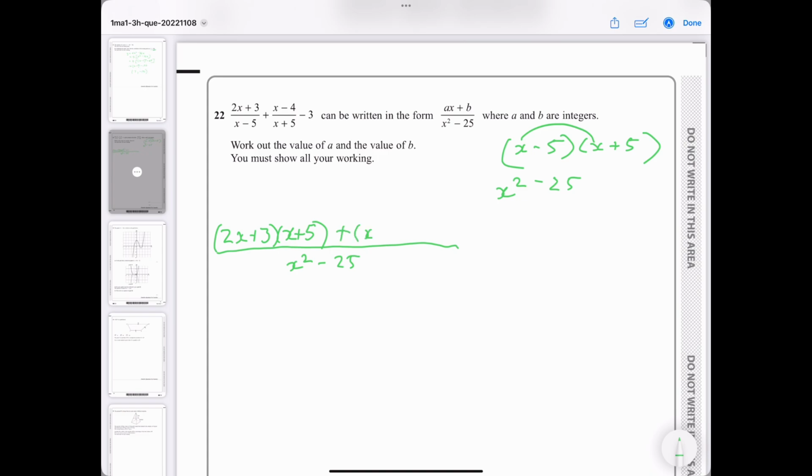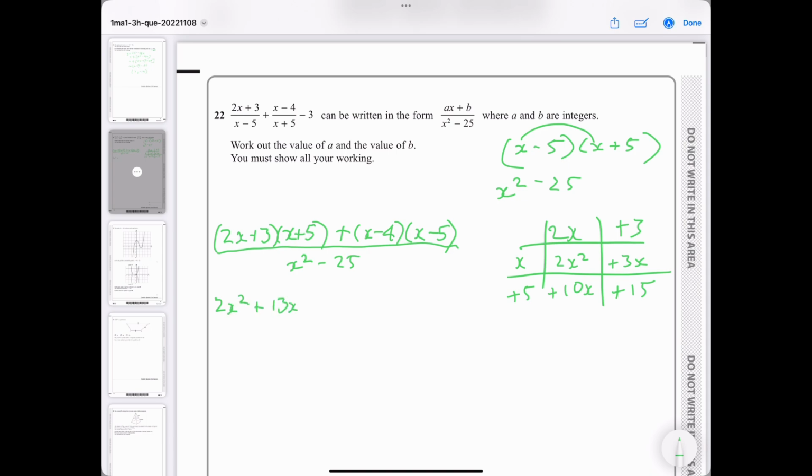And then x minus 4 is times by x minus 5. And now if we just do 2x plus 3 times x plus 5, that's 2x squared plus 3x plus 10x plus 15. So that's 2x squared plus 13x plus 15 there.